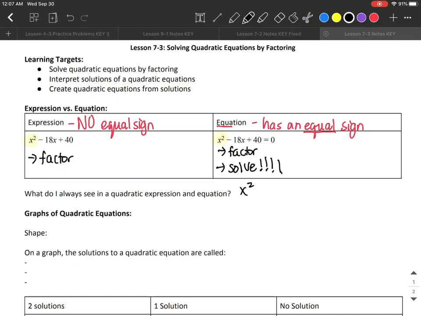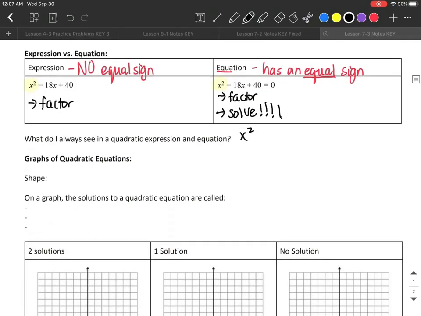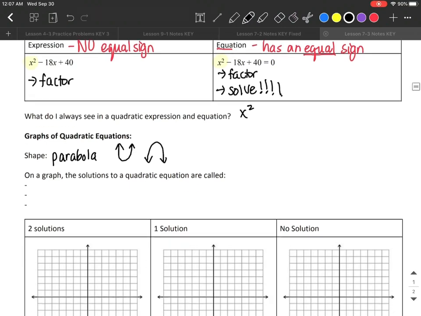X squared is the key for quadratics. If I see x squared, I know I have a quadratic equation. The graph of that thing is going to look like a parabola. We talked about this before. In case you forget what a parabola looks like, it is a U shape, like that. Or you could have an upside down U shape, like that. So that's what a graph of a quadratic equation looks like.